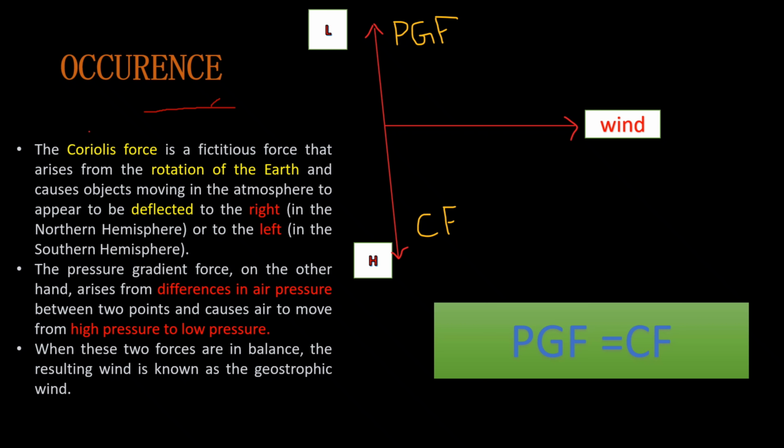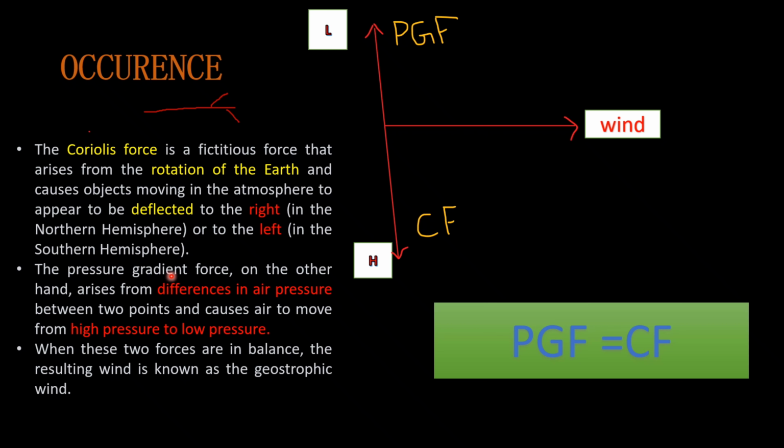It will deflect the direction. If it is in the northern hemisphere, it deflects its direction to the right side. On the other hand, if it is in the southern hemisphere, it deflects to the left side.